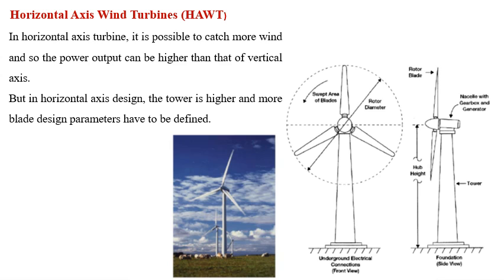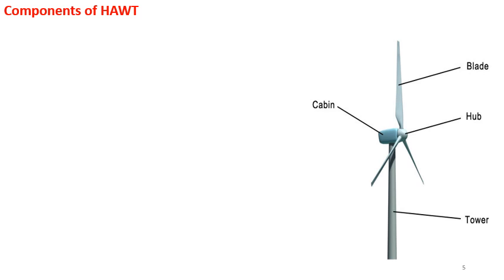We will discuss the types of horizontal axis wind turbine later. Before that, we will discuss the important design considerations or components of a horizontal axis wind turbine. The common wind turbine with a horizontal or almost horizontal axis is as shown in the figure.